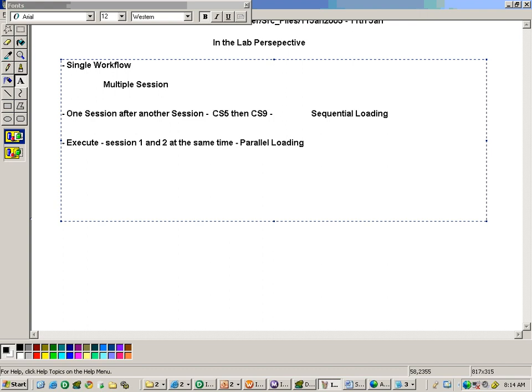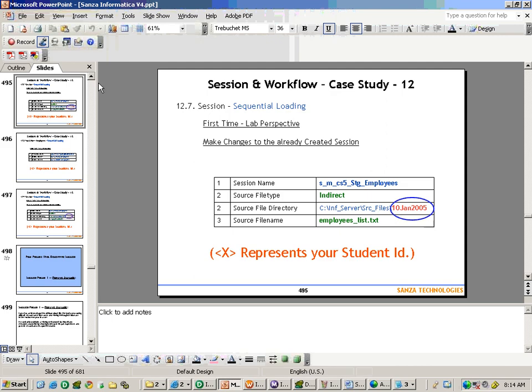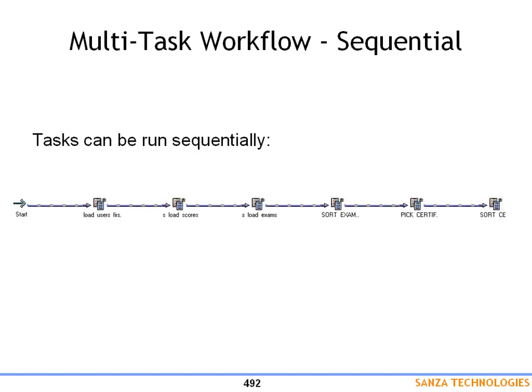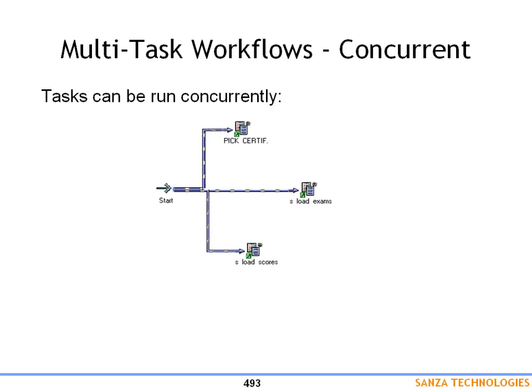In a single workflow, you can have sequential load, parallel load, or a combination of both, in Informatica. If you run multiple sessions one after another, it is called sequential loading. If you run them concurrently, at the same time, then it is called concurrent load or parallel load.